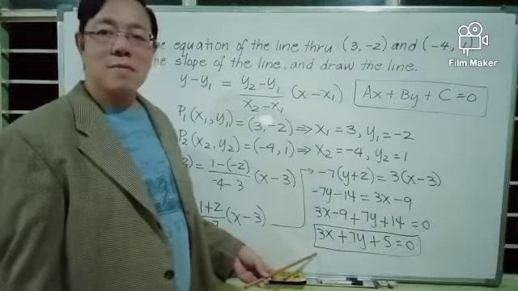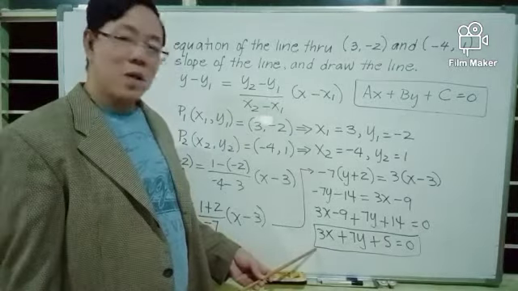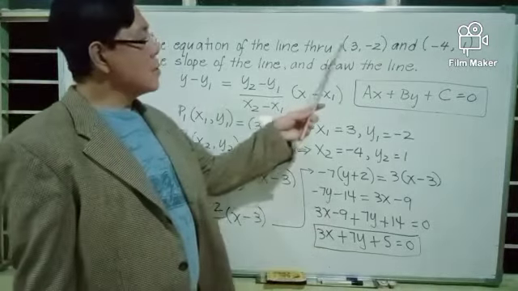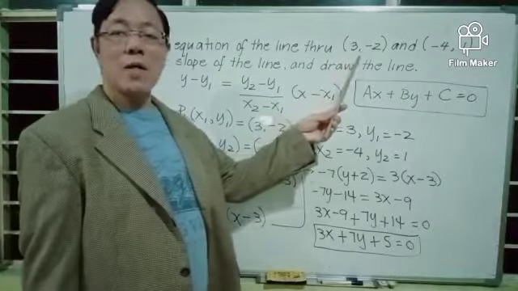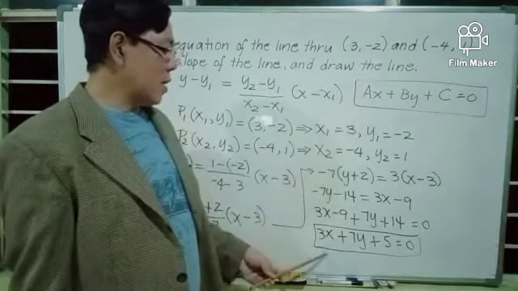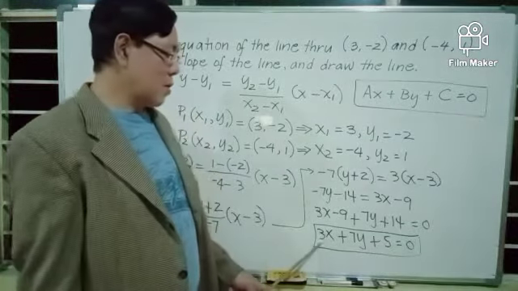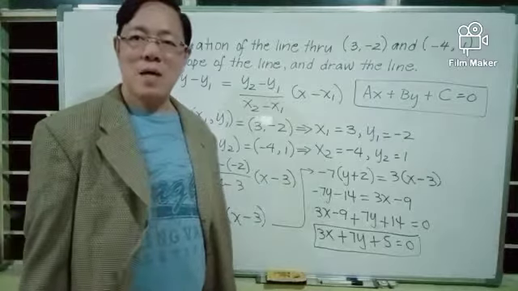To check if you have obtained the correct equation of the line, you substitute the coordinates of these points for x and y into this equation, and they must satisfy this equation. And we will do that.